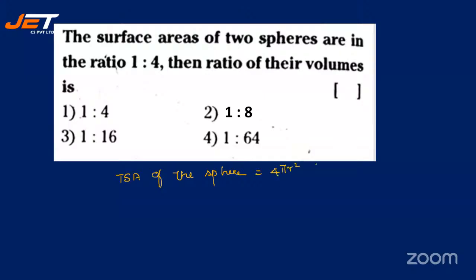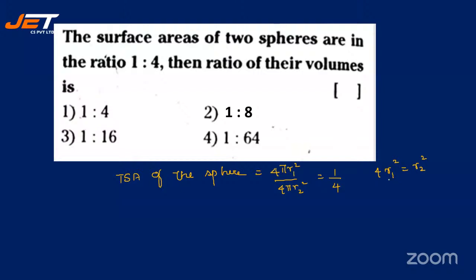Okay. So for two spheres, let us take the radii as R1 and R2. This is equal to 1/4. Which means 4 times R1 square is equal to 1 time R2 square. Okay. Right.